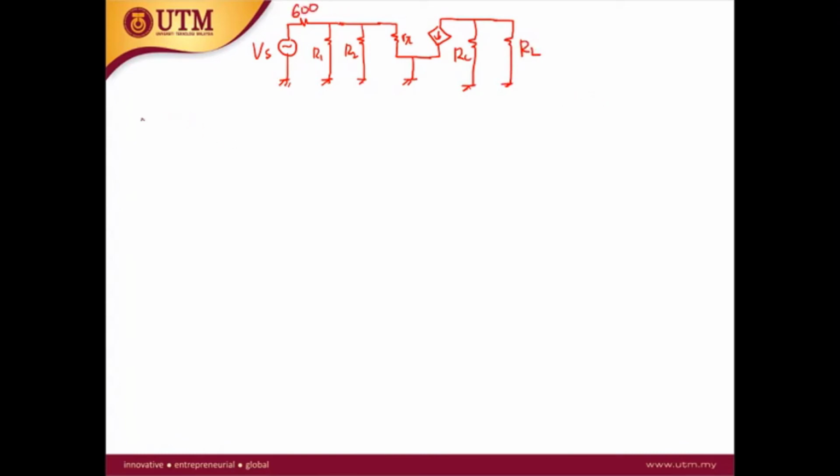Okay, so the current gain AI. In the actual question or in the exam or test, the definition of AI will be given, as well as the current direction. So for example here, I define the AI with the output current as the current at the load.